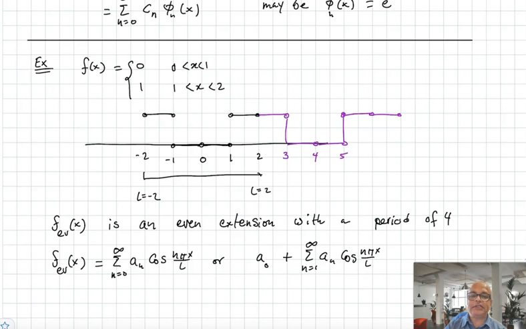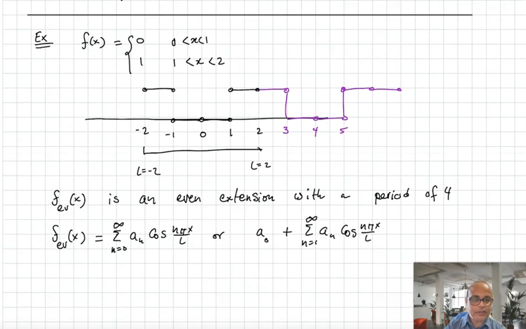Rather, we like to see that the function is an even function when I have extended it, and it has a period of 4. So it is going from -2 to 2, and on that particular interval -2 to 2, it is an even function.